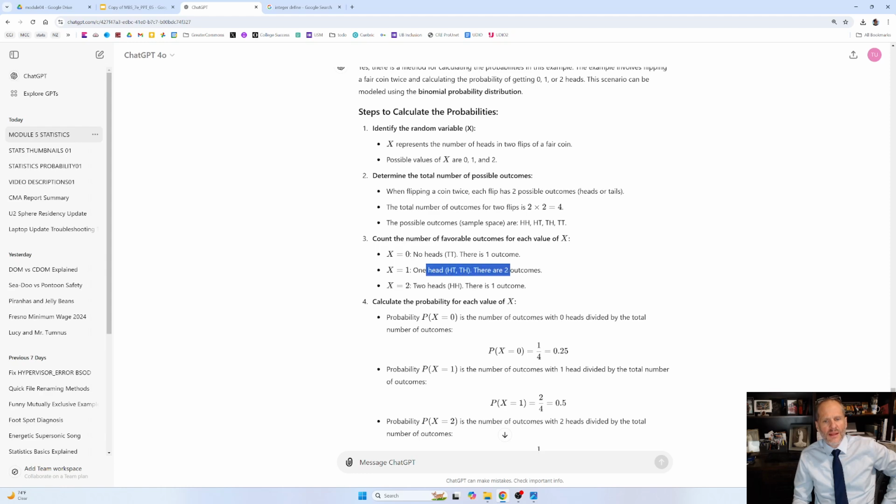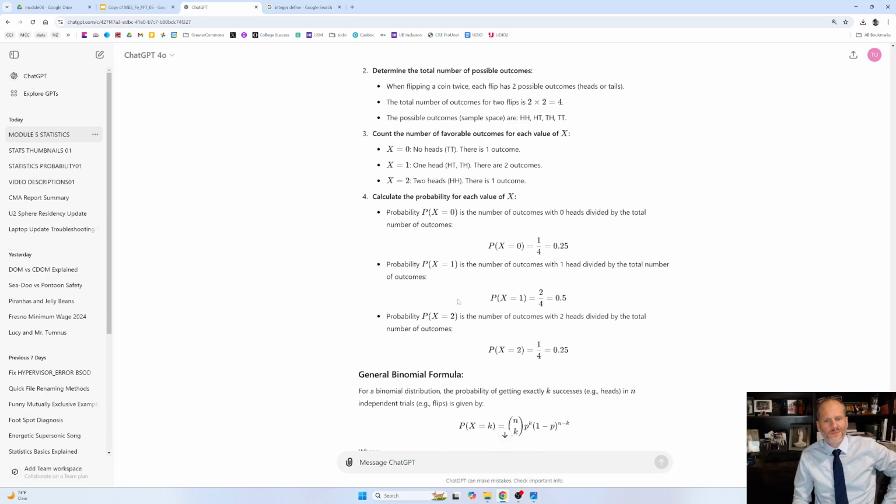For 1 head, there are 2 outcomes. For 2 heads, there's 1 outcome. So 1 out of 4 is 0.25, and 2 out of 4 is 1/2, or 0.5. This is 0.25, this is 2 out of 4, or 0.5, and this is 1 out of 4, or 0.25.